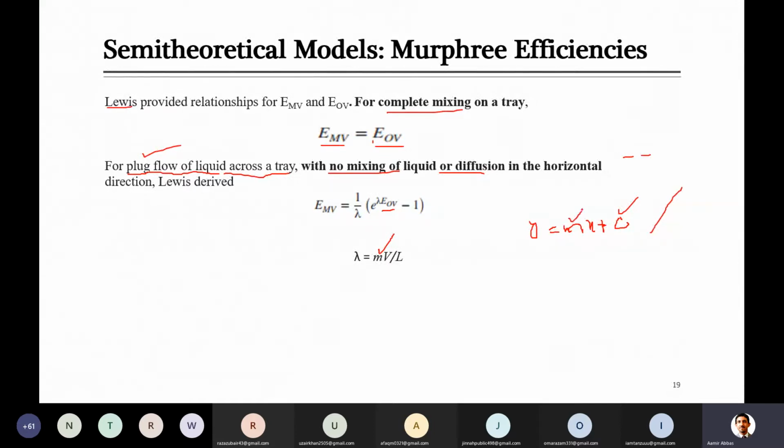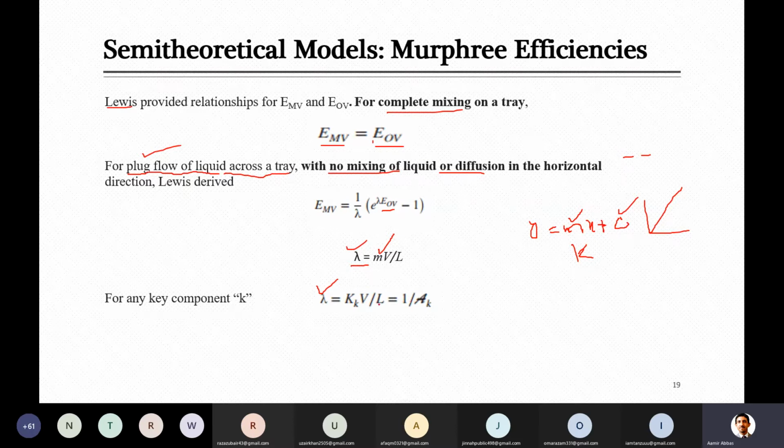In that case, he said that this slope becomes equal to the K value for the component you are separating. So finally, this gamma, which was equal to mV over L, where m is the slope of the equilibrium line, and if the equilibrium line passes through the origin then m is equal to K, turns into lambda equal to K of any component i, times V, the vapor flow rate, over L, the liquid flow rate.